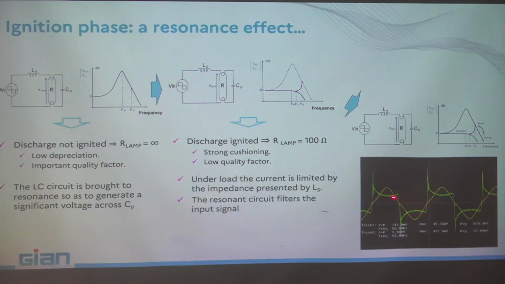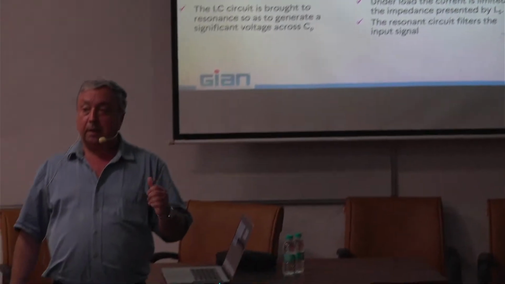The problem is if you stay at low frequencies, you have what we call the reignition peaks. That is, you pass from there to there. It's the time that the current passes through zero, and this is a generator of harmonics on the other side that you have to filter, or you have to go to very high switching frequency, above 10 kilohertz, and then this green line will become also sinusoidal.